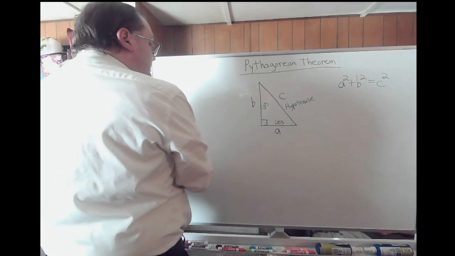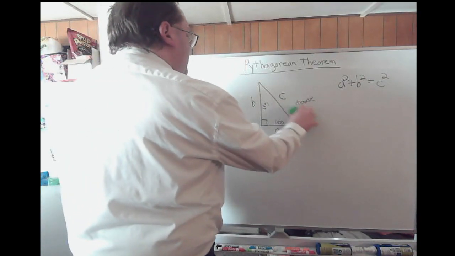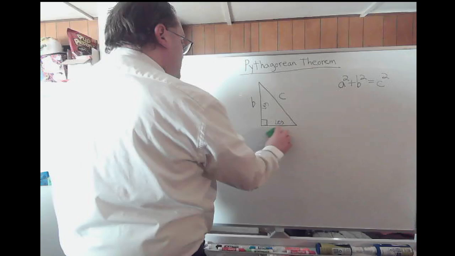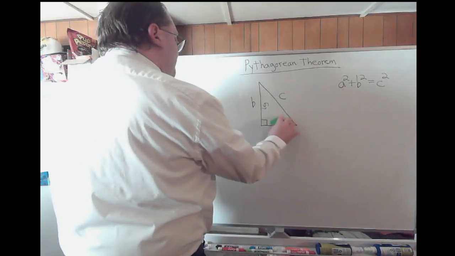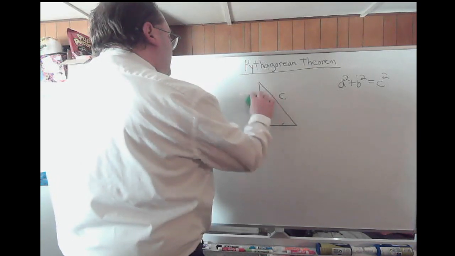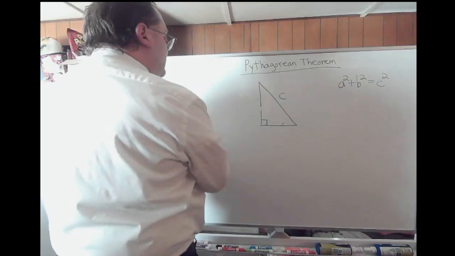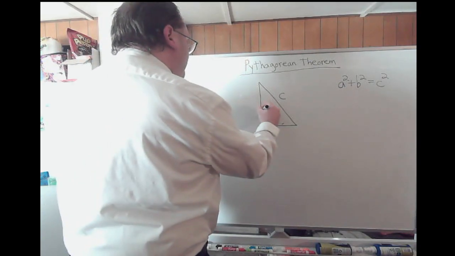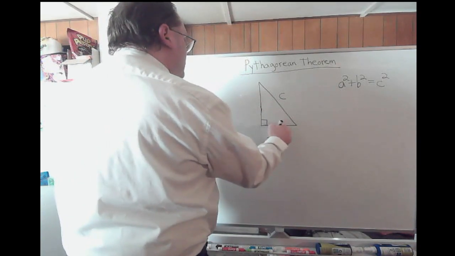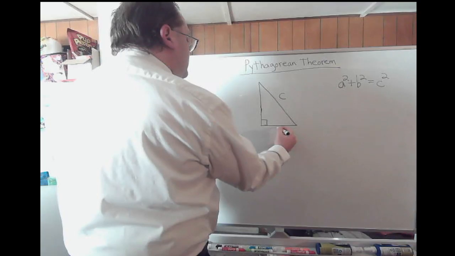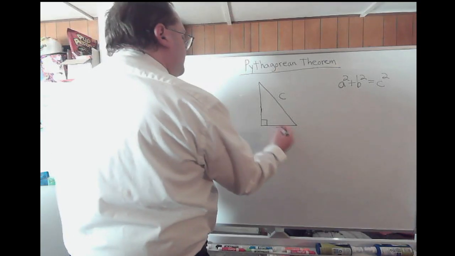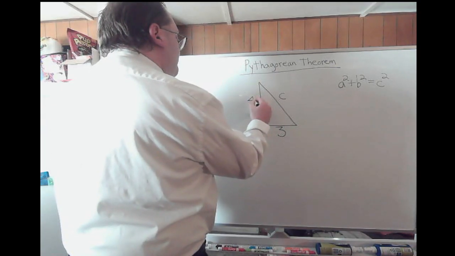So let's do some examples here of some lengths. Let's do a very common one that we know. Let's say A equals 3, B equals 4, right?